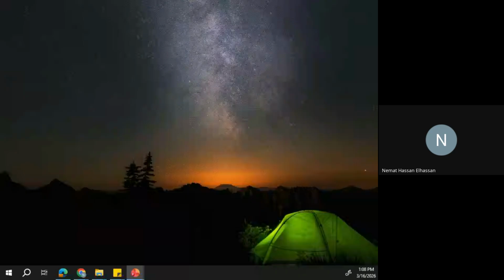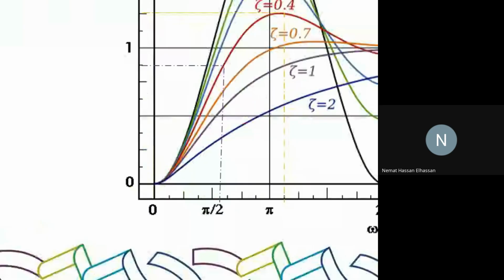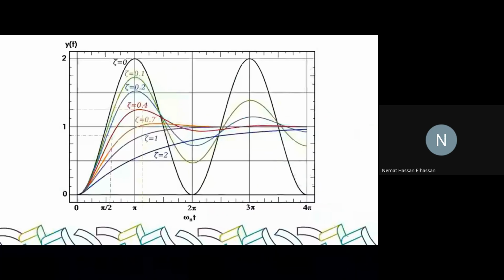So I have to look at where 0.9 almost falls. This is where 1 falls. Let me scale it down. This is where 0.5 is, and this here is 0.75, approximately.